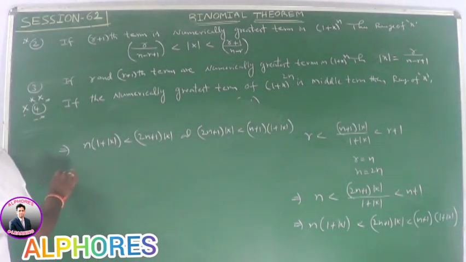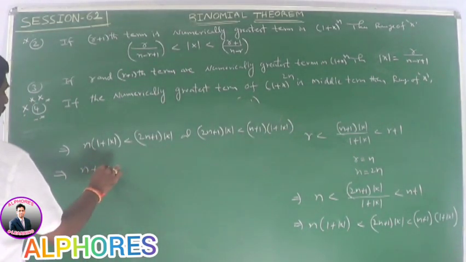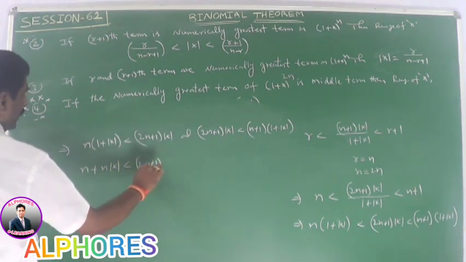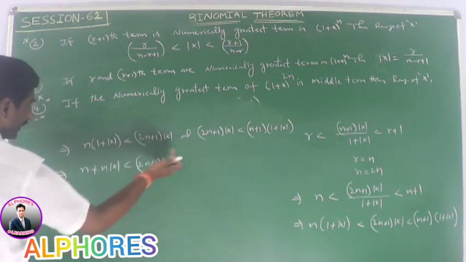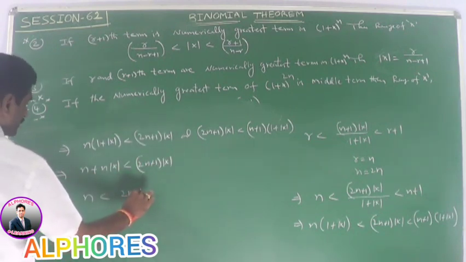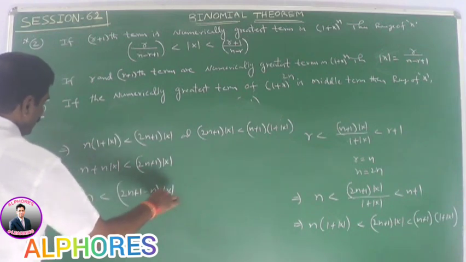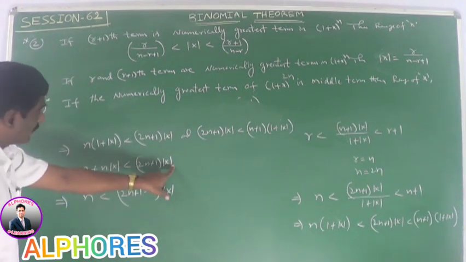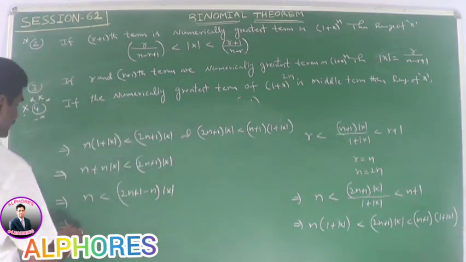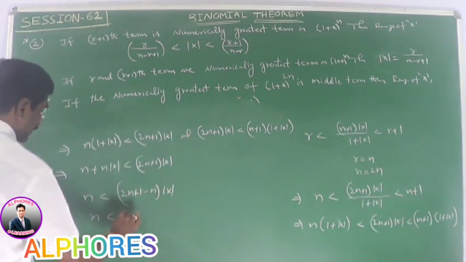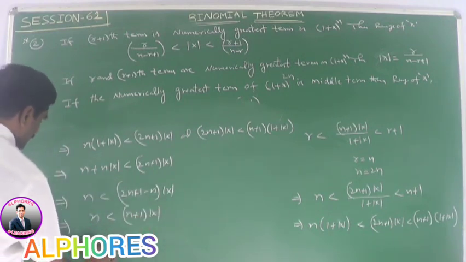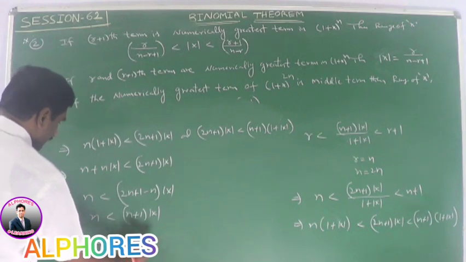Okay? n plus n mod x is less than (2n plus 1) into mod x. Move this value to RHS. n is less than (2n plus 1 minus n) into mod x. This value moved to RHS changes to minus n into mod x. Mod x is the common term. That means n is less than (n plus 1) into mod x. That means n by (n plus 1) is less than mod x.